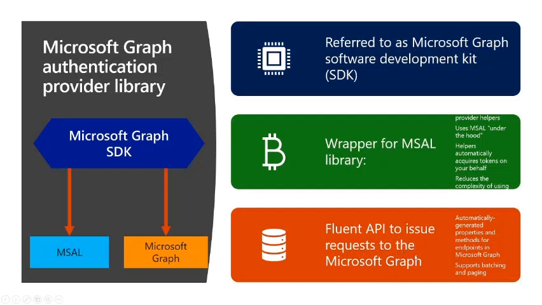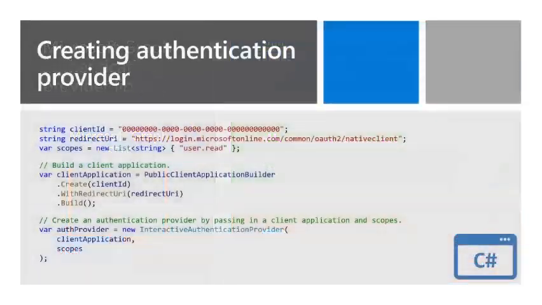Fluent is an API developed by Microsoft Azure to help you do many operations. It has some inbuilt functions that you can directly use to do all the operations related to Azure cloud. It's very easy to use directly in your projects.